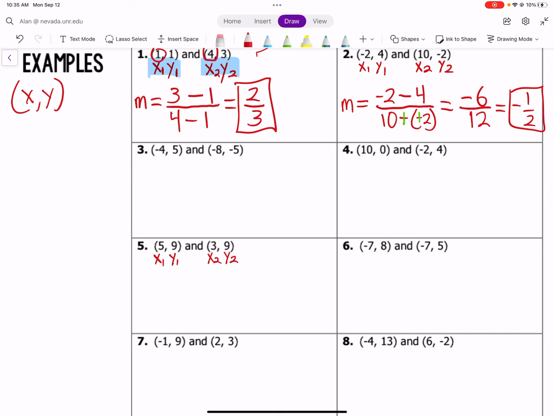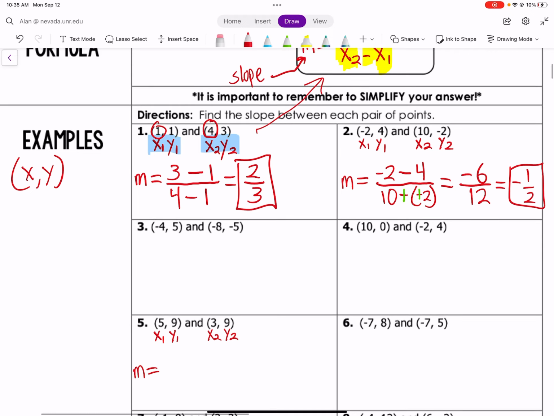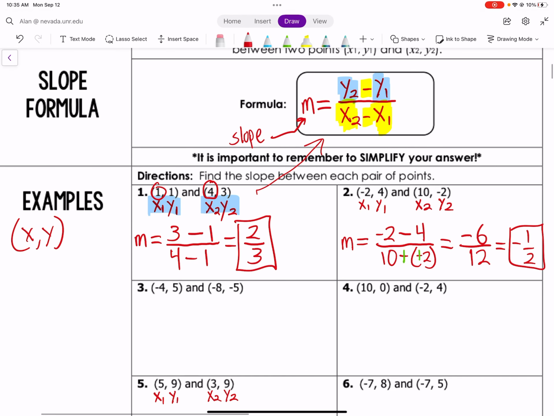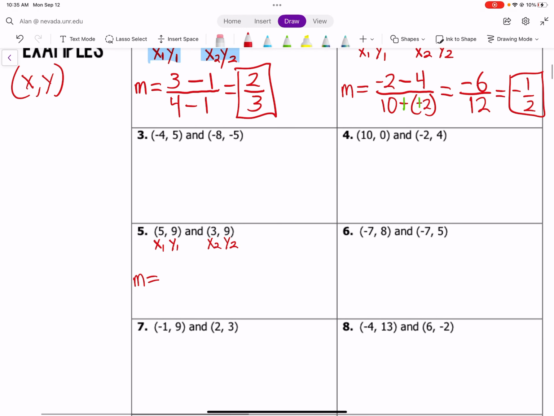Always label first, because when we have it labeled, it's really easy just to plug those numbers into our formula. So m is equal to our slope formula. I have to go back up here and remember what it looks like. y2 minus y1. So here our y2 value is 9, minus y1 value, which is 9, divided by x2 here, which is 3, minus our x1, which is 5.